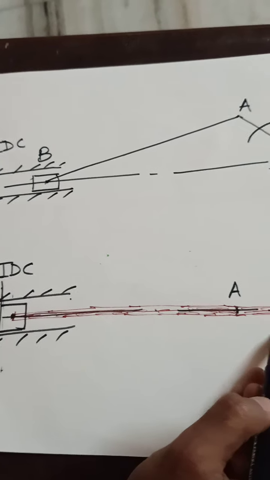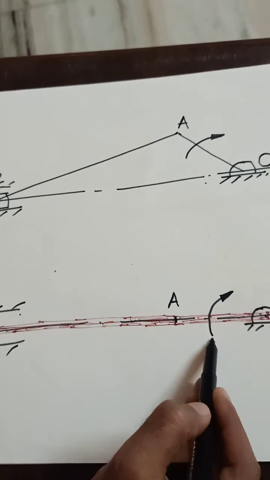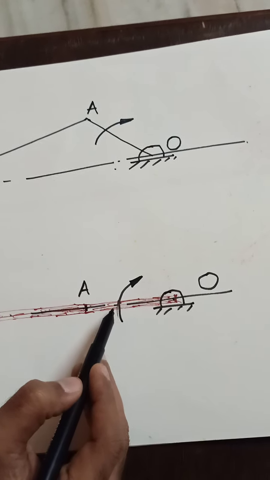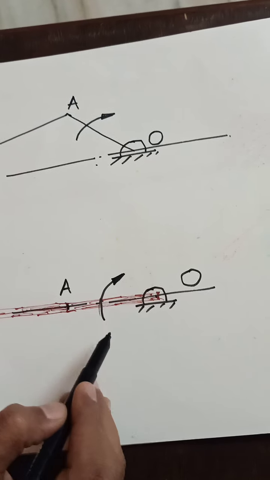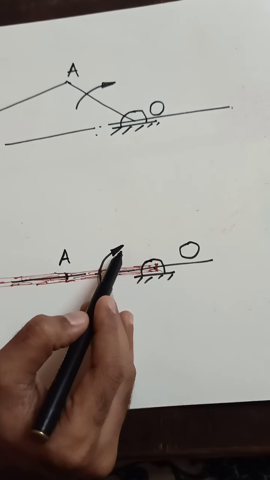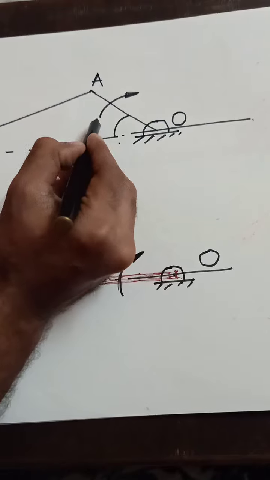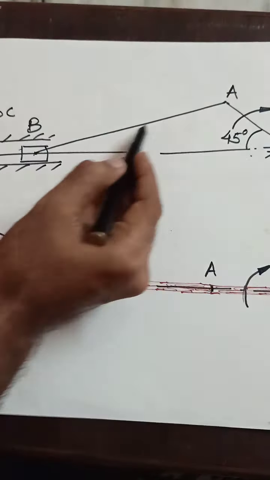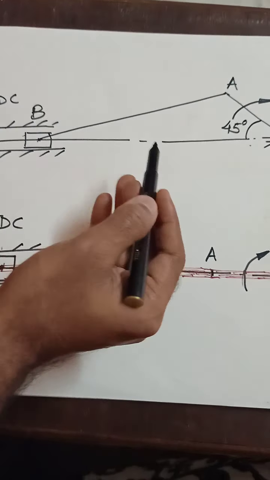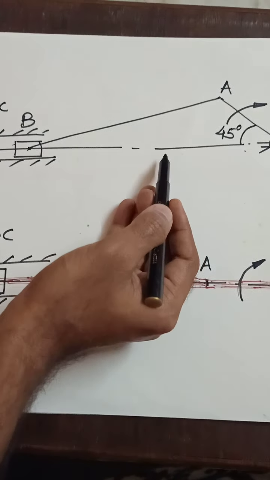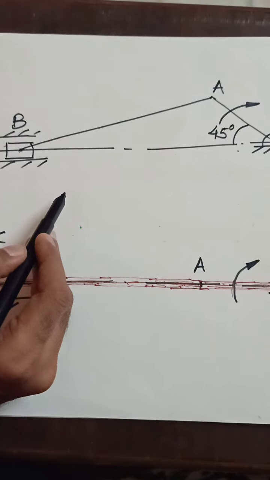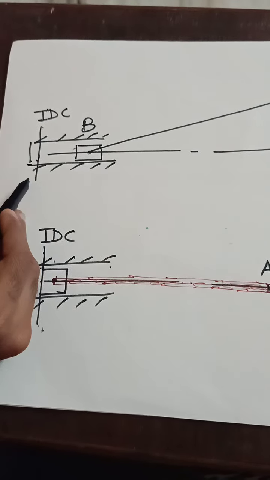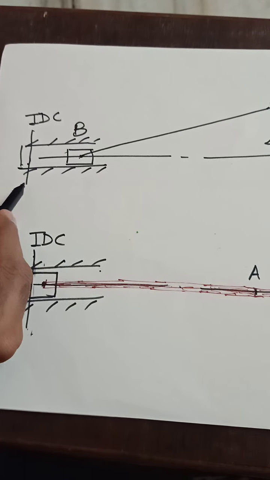And remember, here also I am talking about clockwise rotation of the crank. So from this position, when the crank is rotating in clockwise direction and reaches 45 degrees, the mechanism will look something like this. So I can use this space diagram also to specify 45 degree rotation of the crank from the inner dead center position.